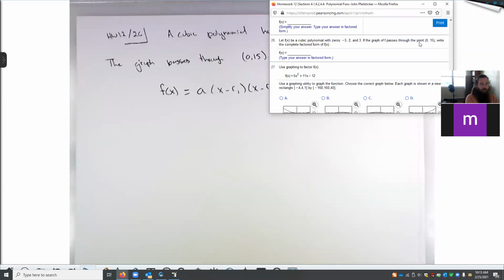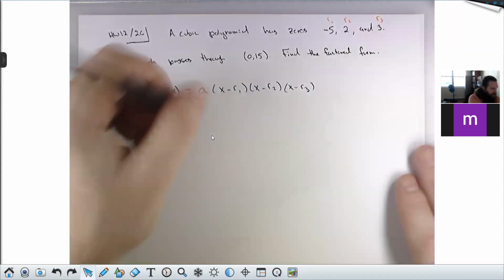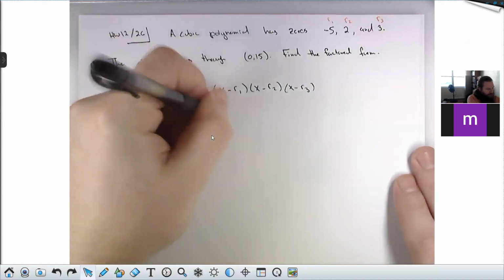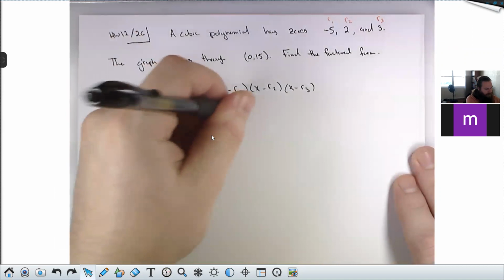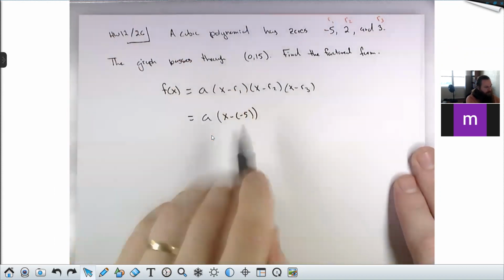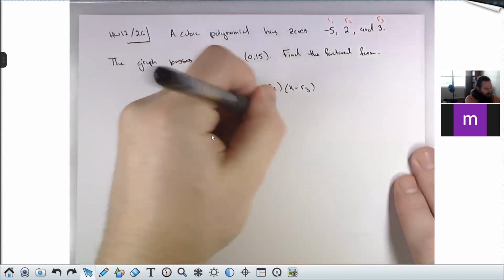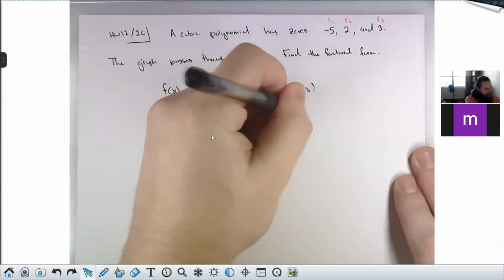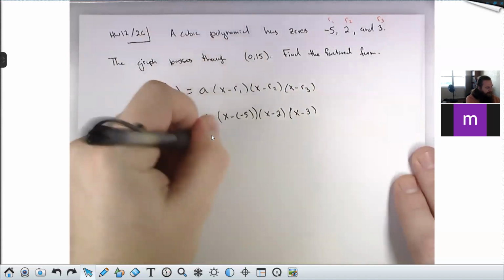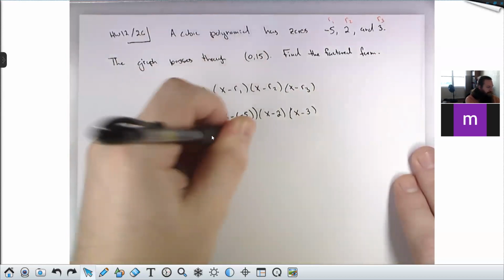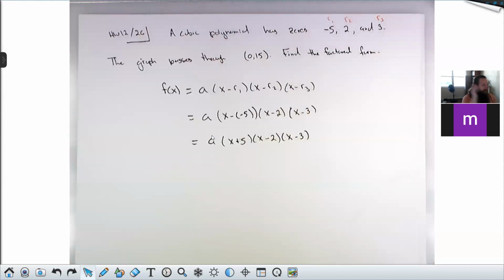So if I plug those guys in here, I'll get that f of x is a times x minus -5. And you do want to put that in parentheses because there's a negative here. Times x minus R2, that's x minus 2. Times x minus R3, that's x minus 3. We can clean this up a little bit. This is a times x plus 5, x minus 2, x minus 3 like this. All right.